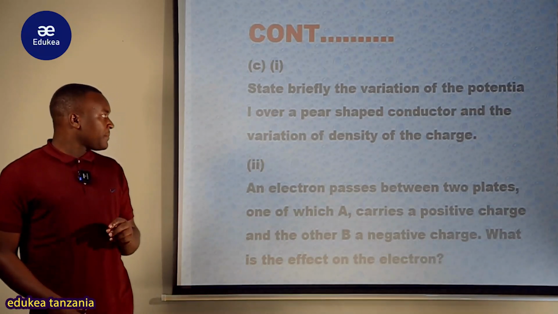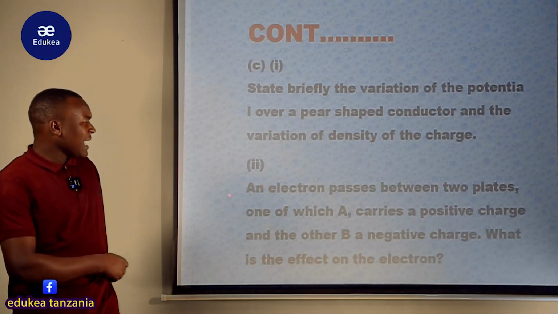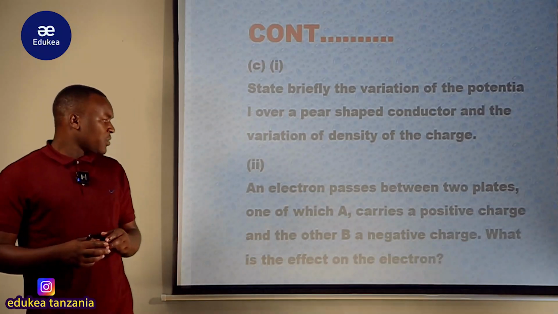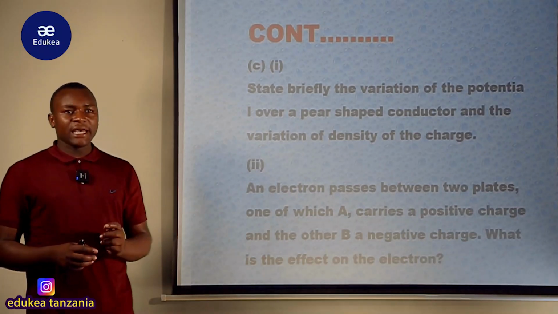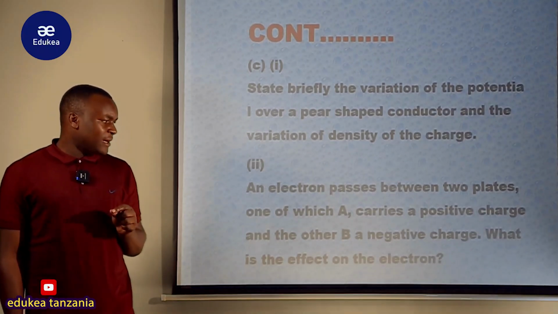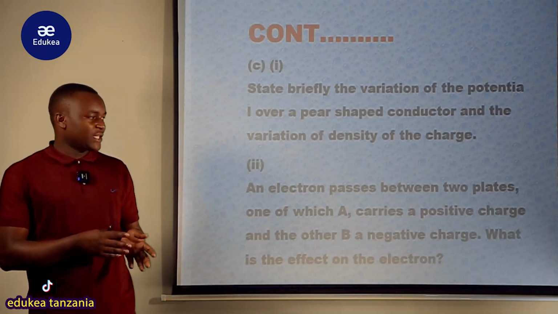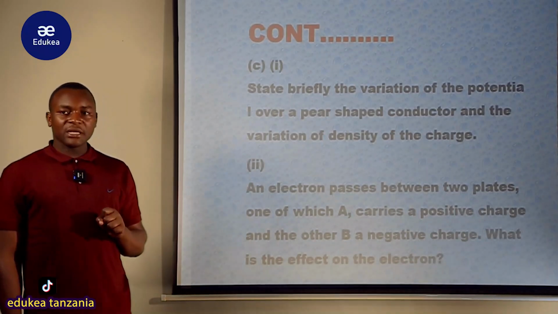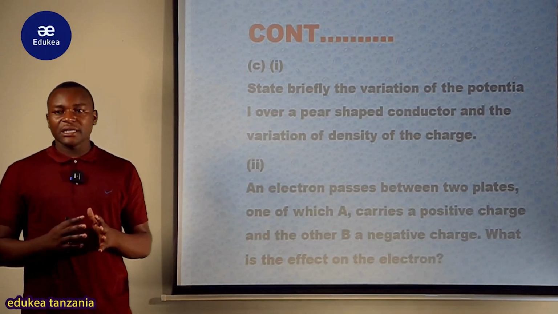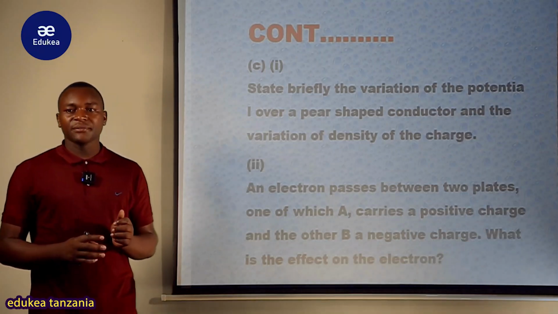Part C, Roman number 2, states: an electron passes between 2 plates, one of which, plate A, carries a positive charge and the other, plate B, carries a negative charge. What is the effect on the electron?